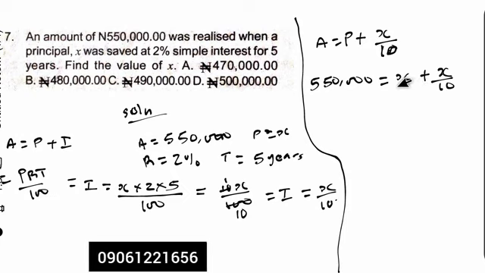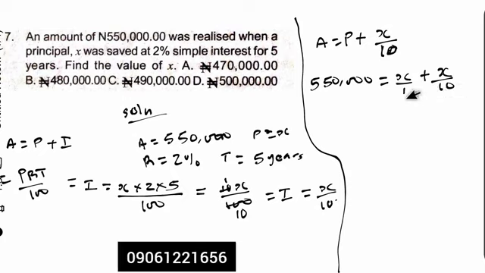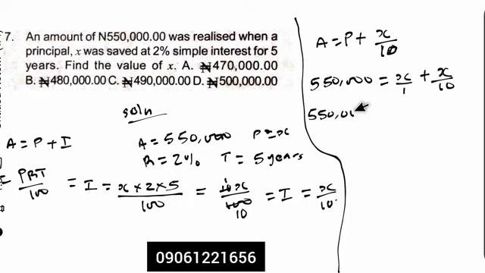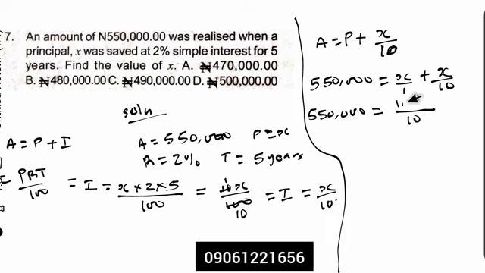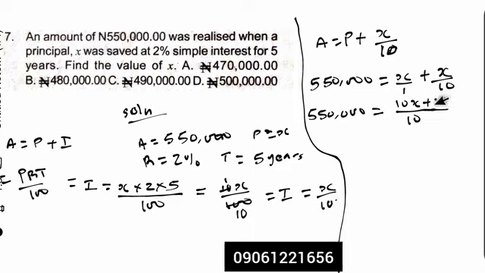Since this one is a fraction, let's make S a fraction as well and find the LCM of 1 and 10, which is 10. So 550,000 equals 10 times S, that is 10S, plus 10 divided by 10, that is 1, times S, that gives S.